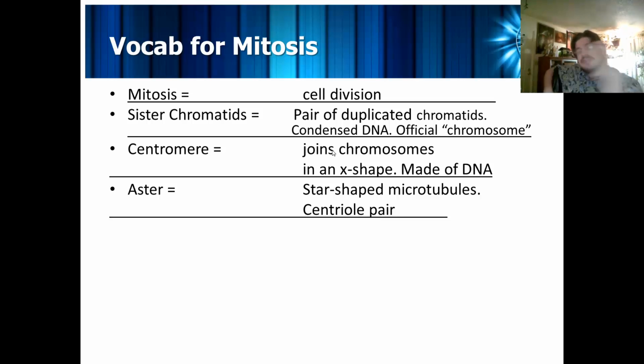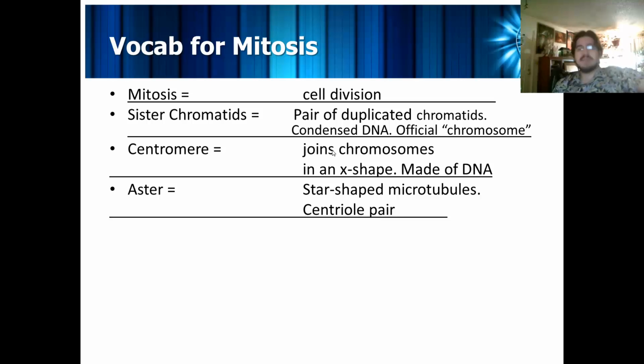So, this is star-shaped microtubules around a centriole pair. The centrioles are sort of like a little ring, and there's two little ring structures surrounded by microtubules. And so it sort of looks like two little ring structures with a starburst of microtubules coming out around them. And in fact, aster is Latin for star.